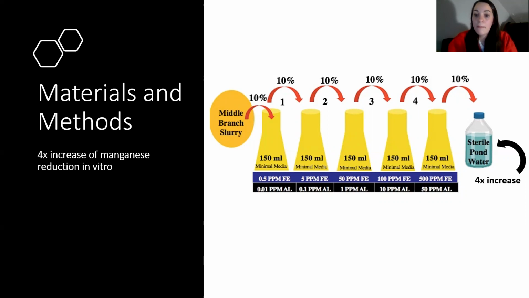So by the 4th transfer, we had high levels of iron and aluminum in this enriched culture, meaning that only heavy metal bacteria are going to be able to survive in that culture. From there, I placed that enriched culture into sterile pond water and compared the manganese reduction with cultures in the sterile pond water that were not enriched. And what we saw was a fourfold increase of manganese reduction, leading us to believe that heavy metal bacteria in these enriched cultures are the ones responsible and driving for this manganese reduction downstream in the system.